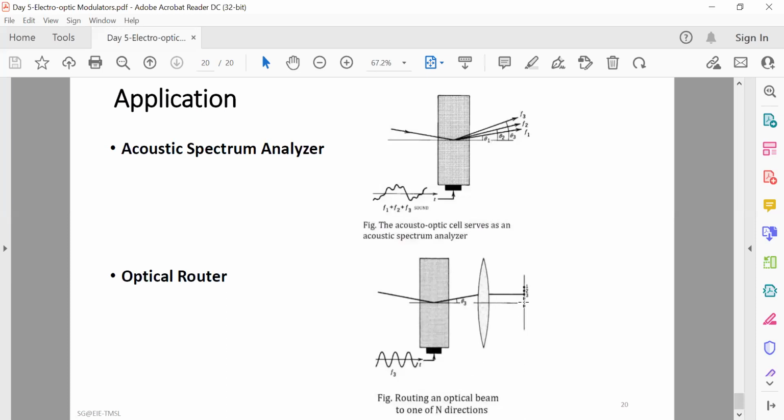By applying an acoustic wave of frequency, assume fi, the optical beam is deflected by an angle theta i and routed to the point in this position. So that is the application of the optical router.